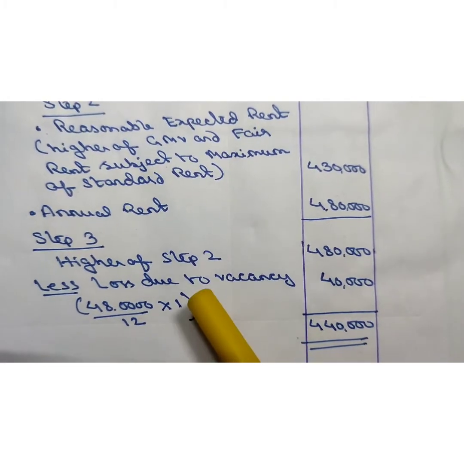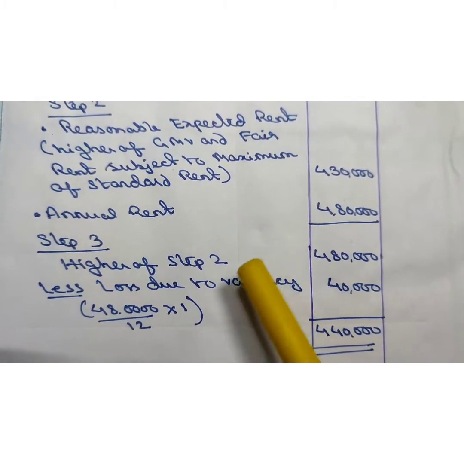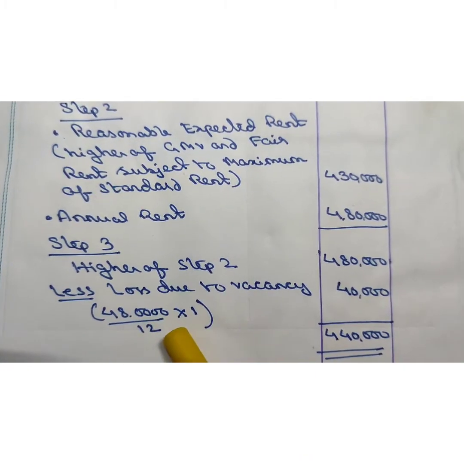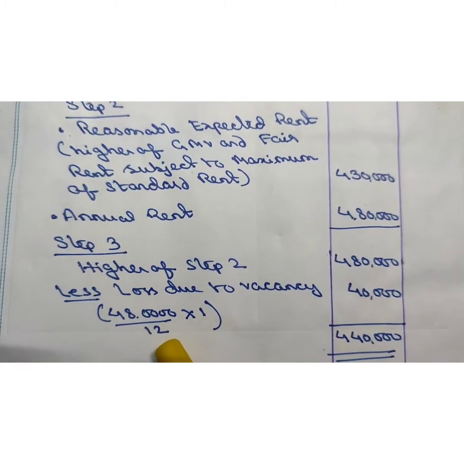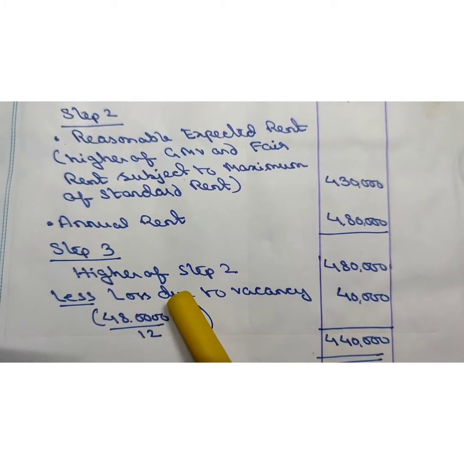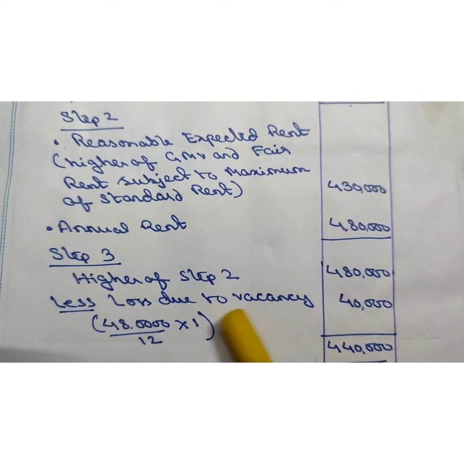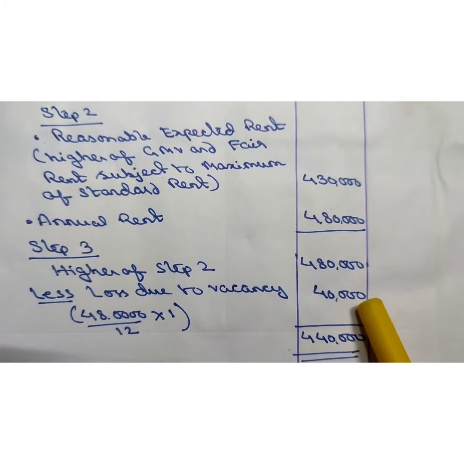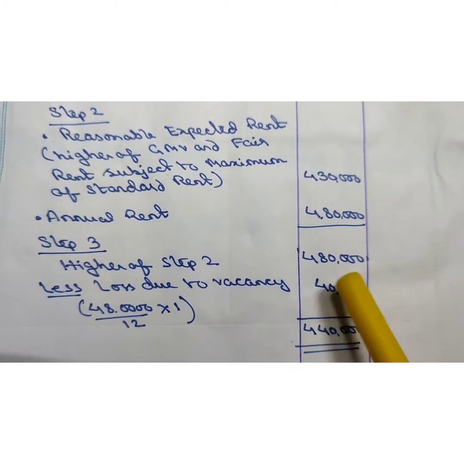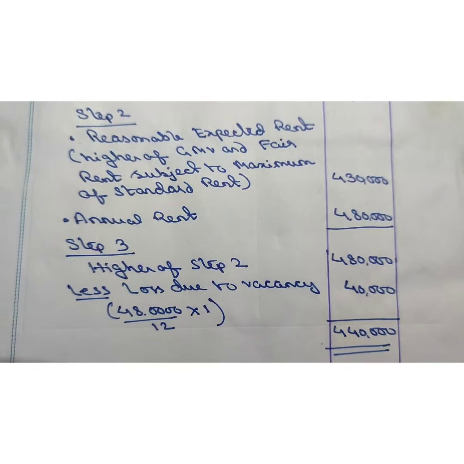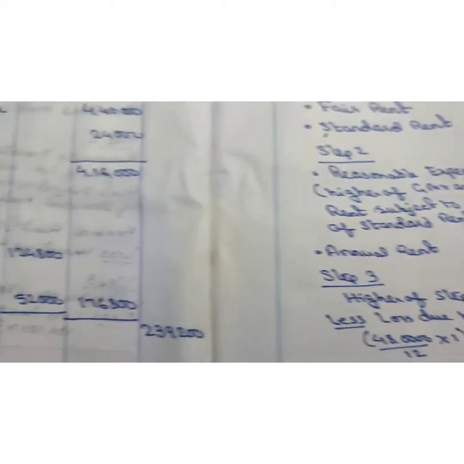In the question it is given that the house is vacant for 1 month. So 4,80,000 is the annual rent, that means 12 months' rent. 4,80,000 divided by 12, we get 1 month's rent, that is rupees 40,000. Reducing this 40,000 from 4,80,000, we get 4,40,000 as gross annual value.